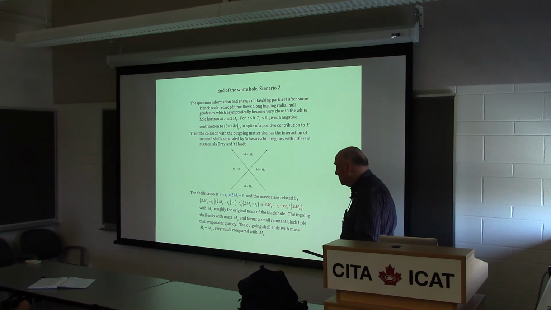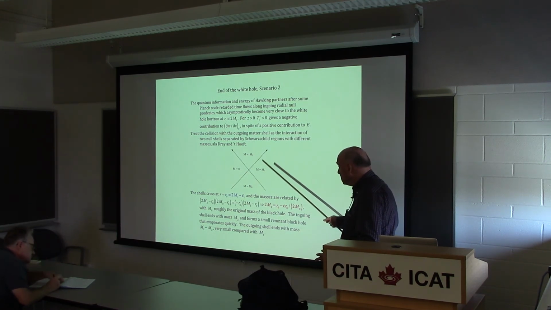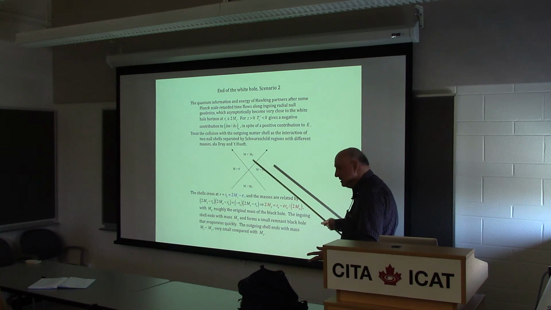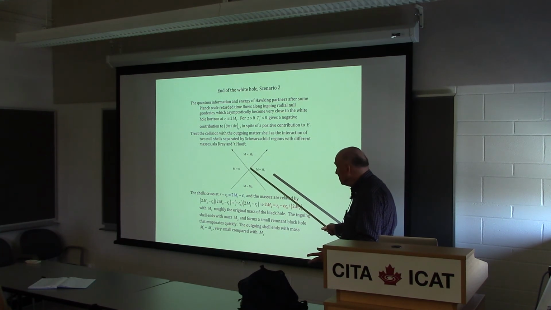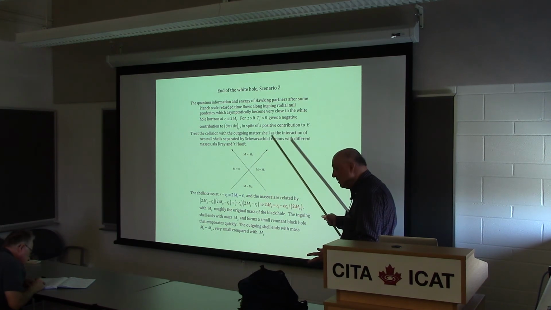And now you could say, well, that black hole should evaporate quickly, on the order of Planck time, and then turn into a white hole again. But now a white hole which, if it evaporates for a short time, perhaps could completely evaporate.